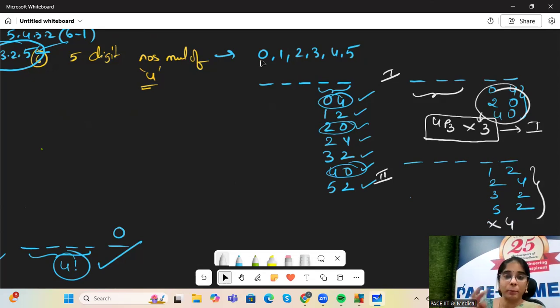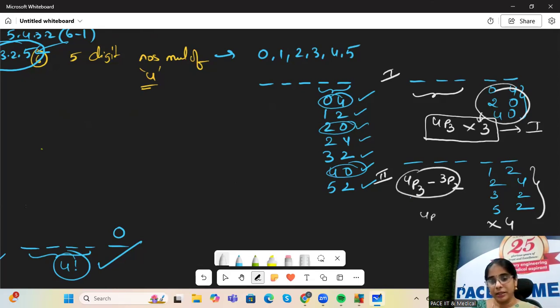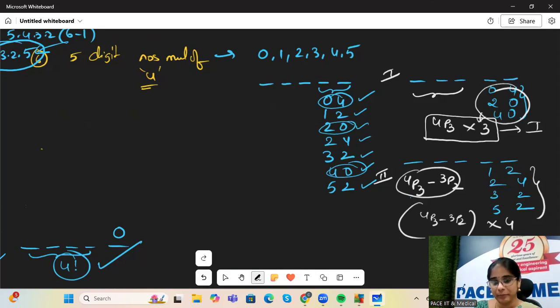Fixing only 2 from my 6, I am left with 4 digits for 3 places. So is it 4P3? But as 0 is there in my case, minus 3P2. One less, you subtract and write your answer there, right? So that is finally (4P3 minus 3P2) into 4 is your answer from your second case.